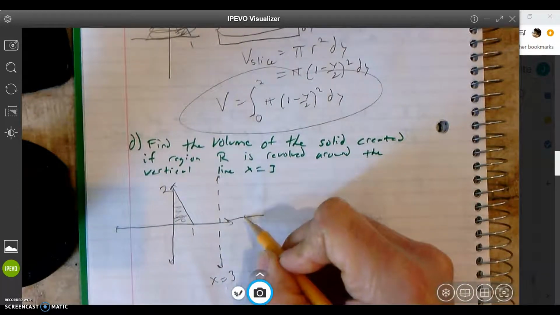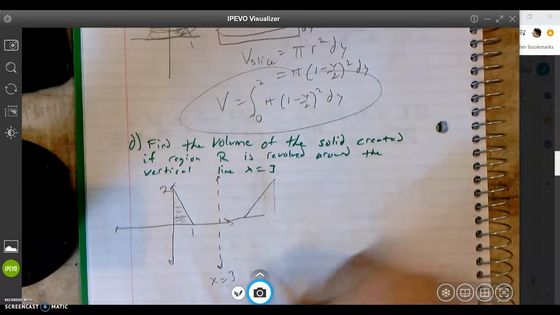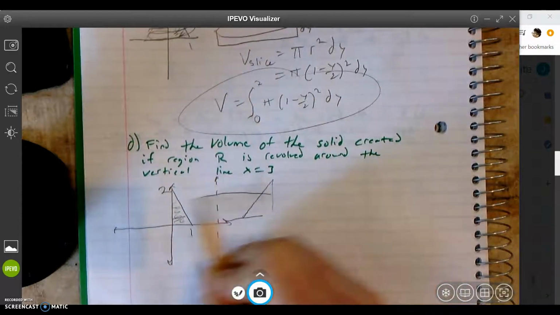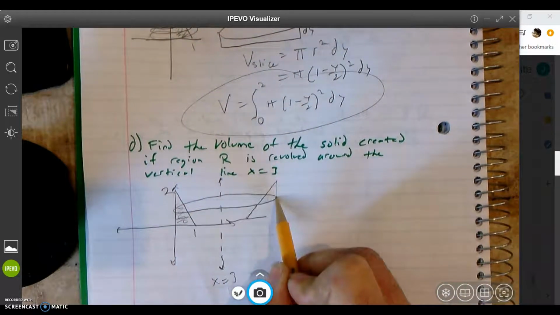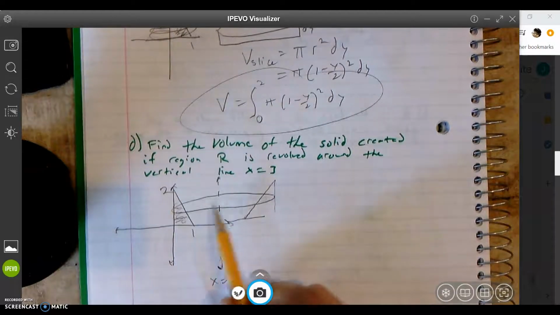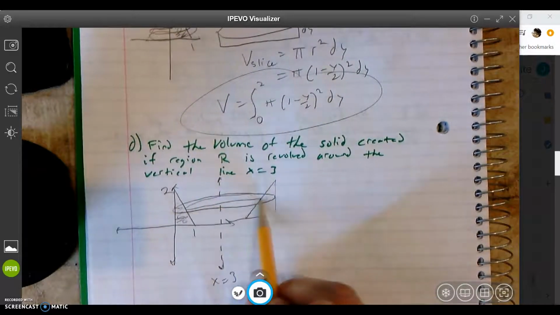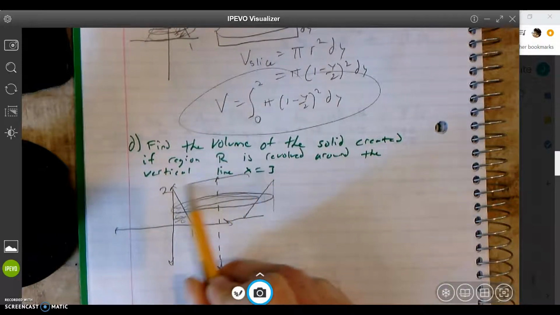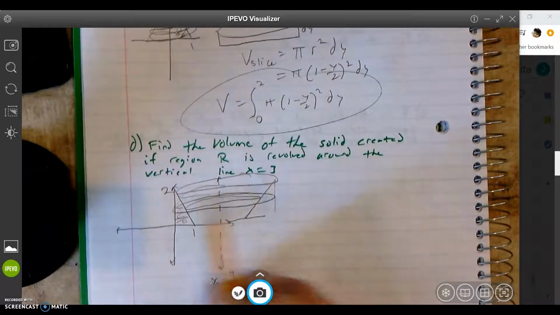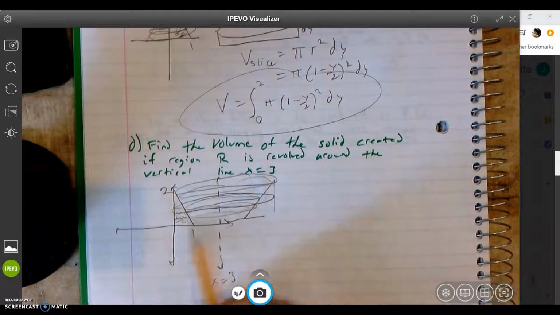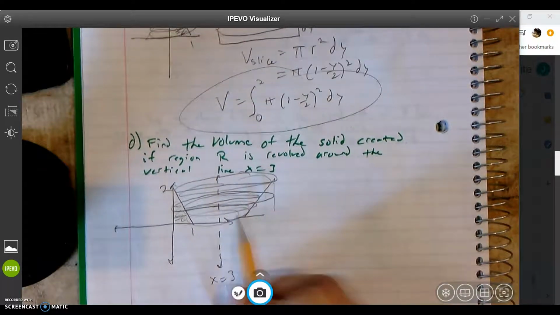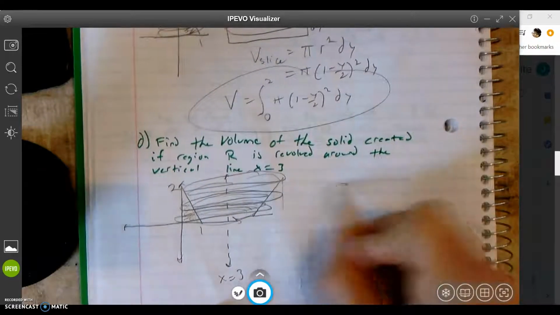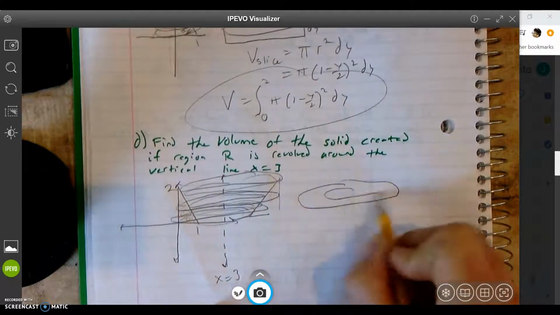So here's my mirror image. And so it's going to revolve like this. So there's outside to outside, and then inside to inside. You have a little hole right there. So outside to outside, like that. Okay. So draw a slice like this.